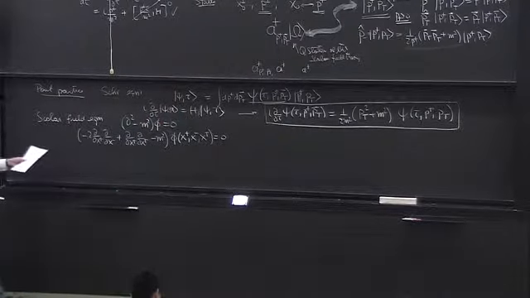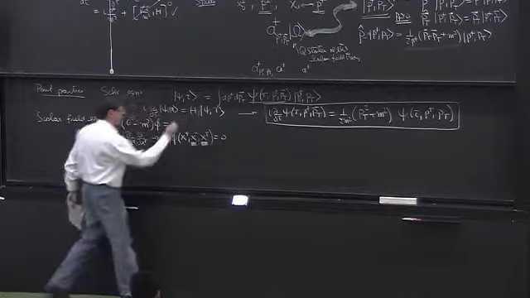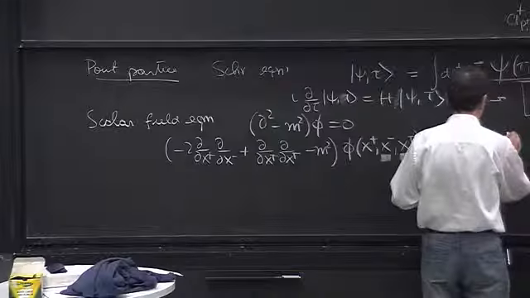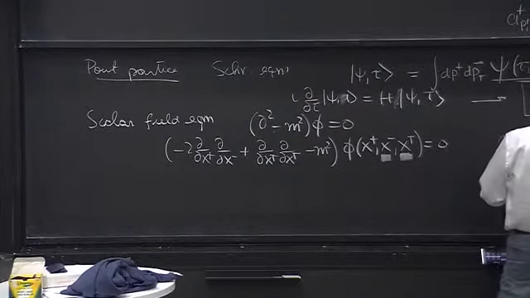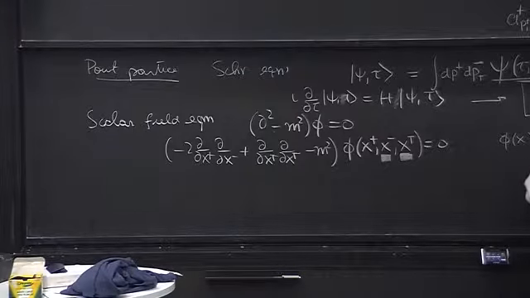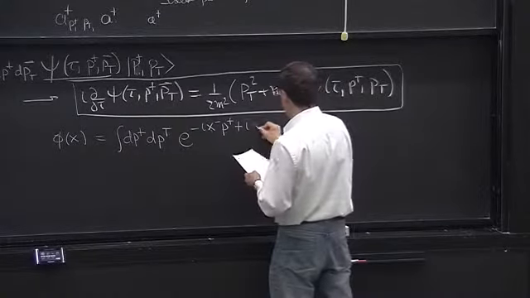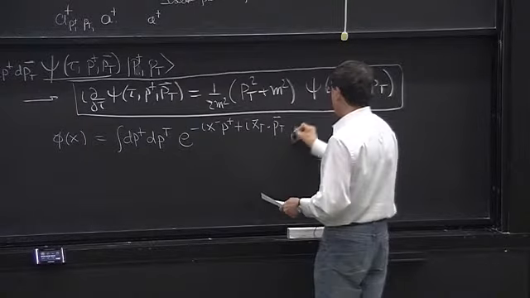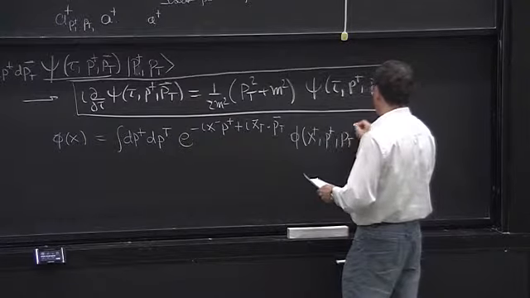Now I want to Fourier transform in x minus and x transverse. So we'll write phi of x equals dp plus dp transverse e to the minus i x minus p plus, you're Fourier transforming in x minus, plus i x transverse p transverse, phi of x plus, p plus, p transverse.